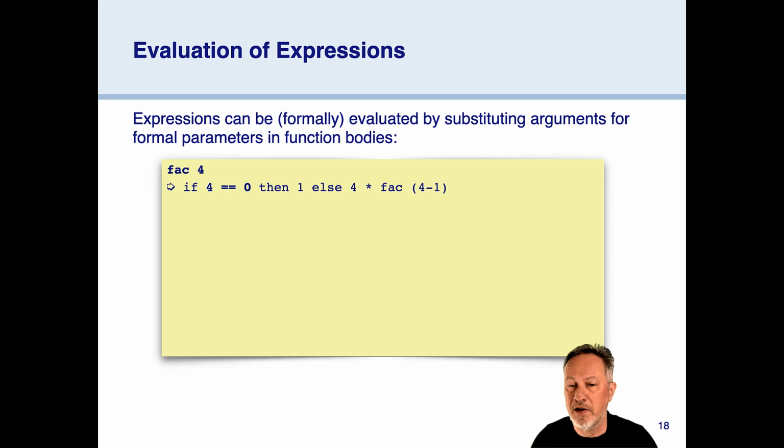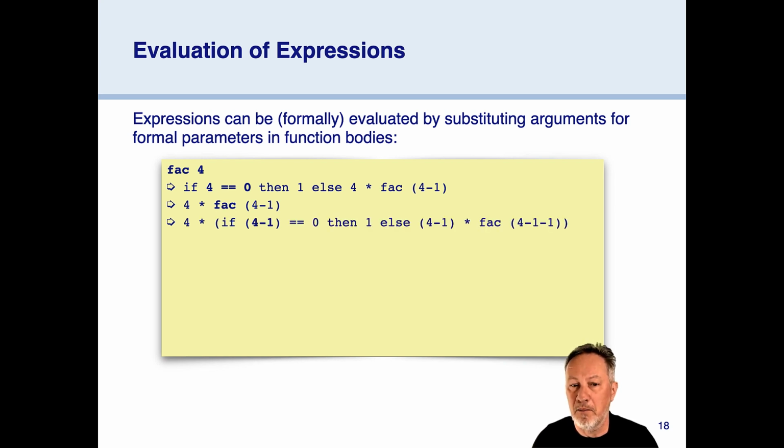So in the next evaluation step, we reduce to 4 times factorial 4 minus 1. Now, we can't do a multiplication because we don't know what factorial 4 minus 1 is. We could evaluate 4 minus 1, but this is a pure functional language. We don't need that value immediately, so we apply non-strict evaluation, and instead we evaluate fac.